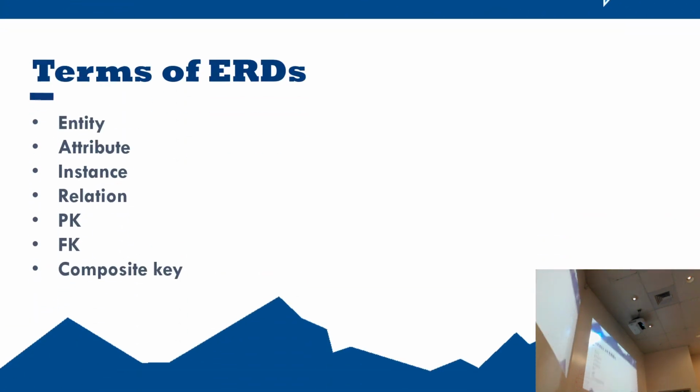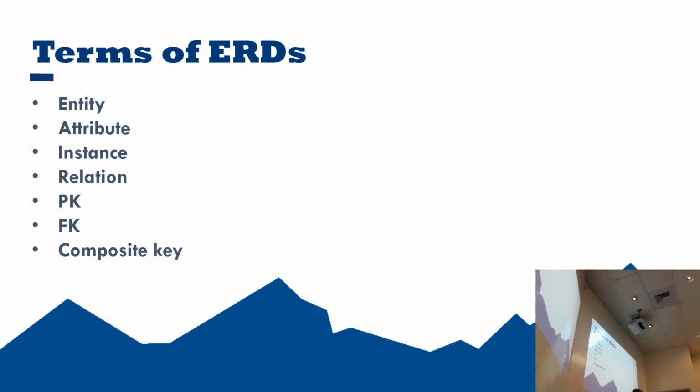All right. So, ERDs use a little bit different terminology. In an ERD, we basically call the table an entity. So it's basically the same thing. It's still going to be a noun. It's going to be what we're collecting. Instead of columns, we call them attributes. So all these up here, these are all attributes.